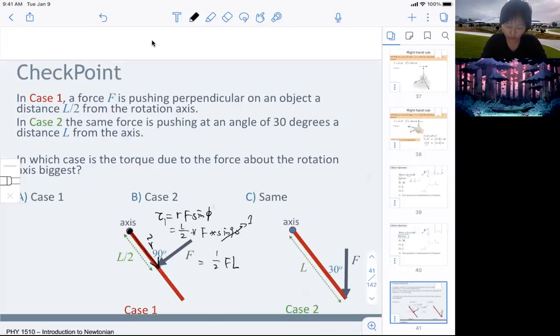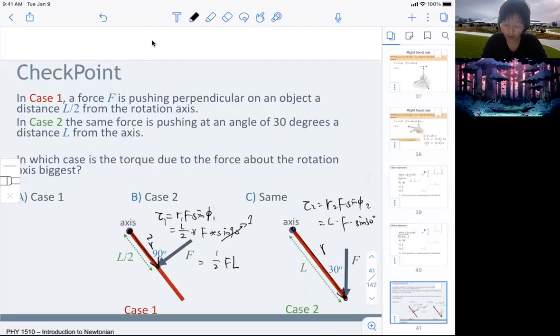Now the torque in case 2 is R F sine of phi. This is R from your axis of rotation to where the force is being applied, and this R is L. The same force, now sine of 30 degrees.